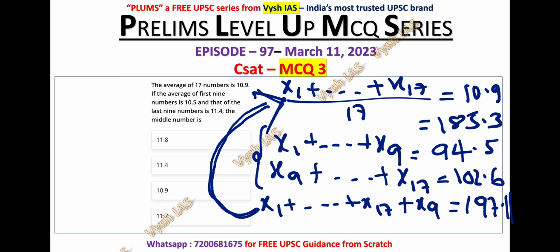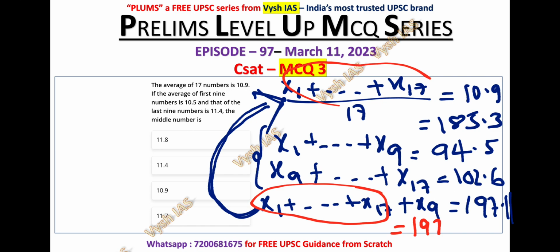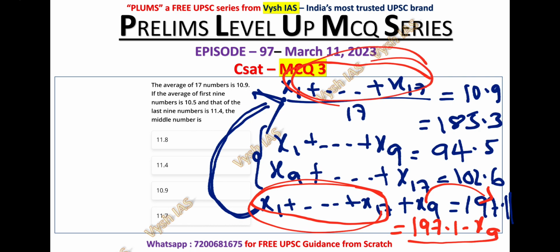Let me change the color for better understanding. When we substitute in the first equation, x1 till x17 has the value 197.1 minus x9, as x9 goes to the RHS. So we have to substitute this value in the numerator.